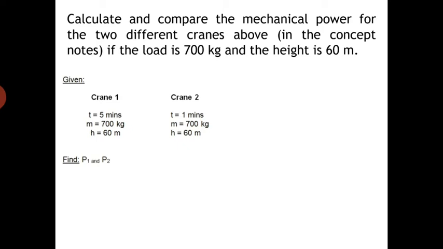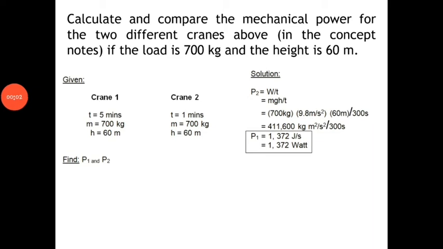For crane 2, that's 1 minute. And they have the same mass for the load and same height, 700 kilograms, height of 60 meters. Now we are looking for the power for crane 1 and crane 2. So we have P sub 1 and P sub 2.